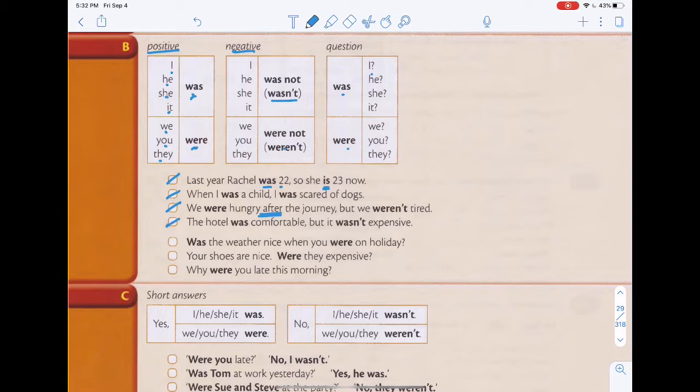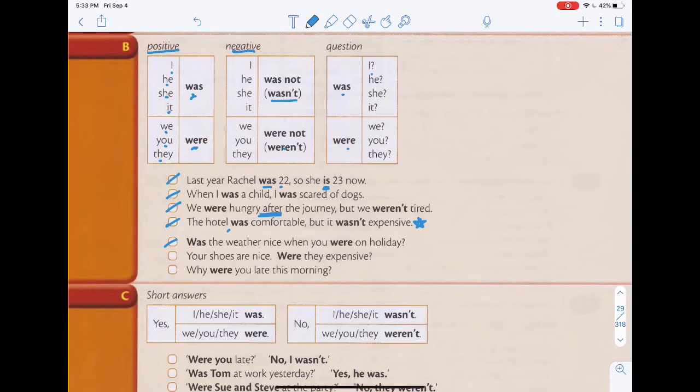Over here, the hotel was comfortable, but it wasn't expensive. Okay. So, for example, this one over here, you'll say the hotel was comfortable, but it wasn't expensive. If you change these was and wasn't, and you'll say the hotel is comfortable, but it isn't expensive, it means that you are in the hotel right now, and you're talking about the hotel right now.